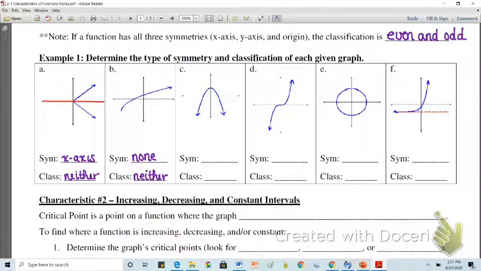See? Here, I can fold it in half on the y-axis, that red line I just drew. If I fold it in half on that line, both of those graphs match up. Therefore, it has y-axis symmetry, which means it is an even function.